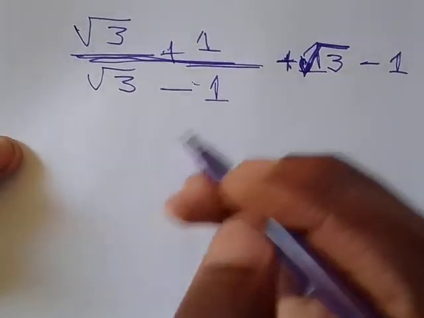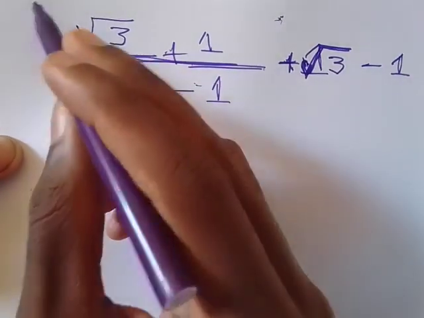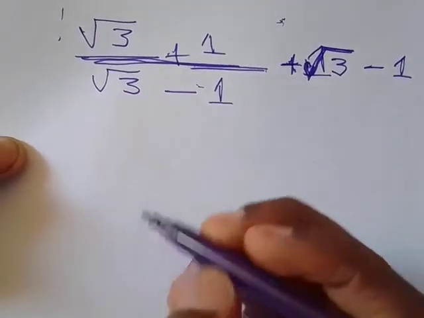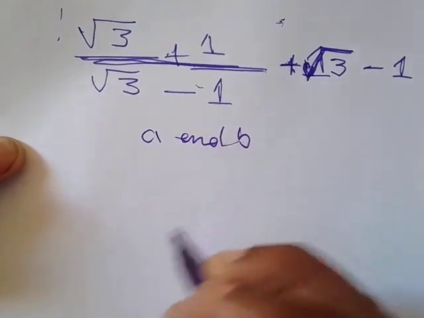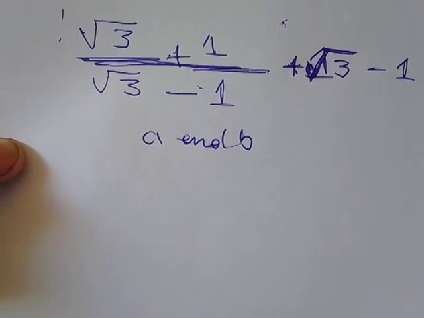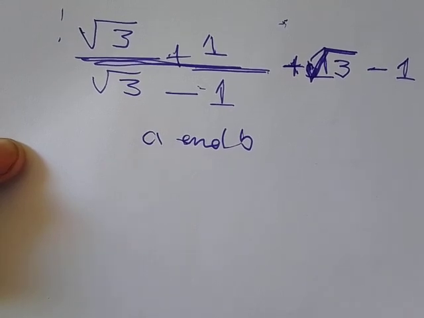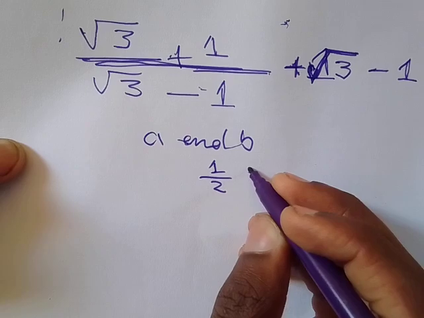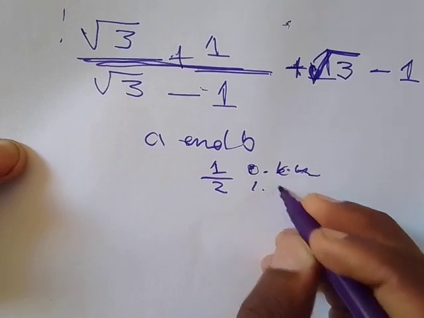Okay, so this is what we have, and as they have said, they want us to express this in a certain format, which I'm going to mention, and they have also mentioned that a and b are rational numbers. If you remember the course that I taught about rational and irrational numbers, I said that rational numbers are numbers that cannot be expressed in the form of 1 over 2 or in the form of decimal points, for instance 1.2.